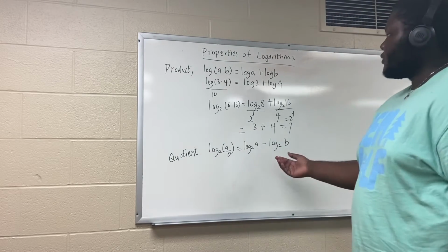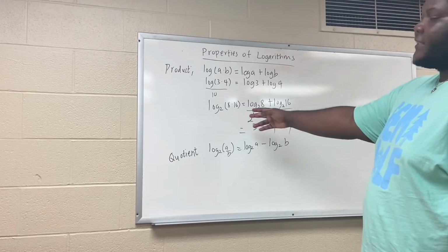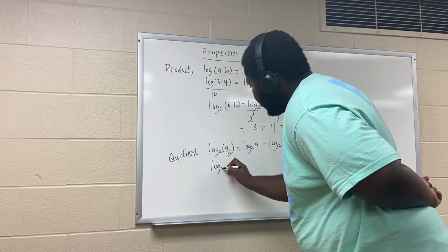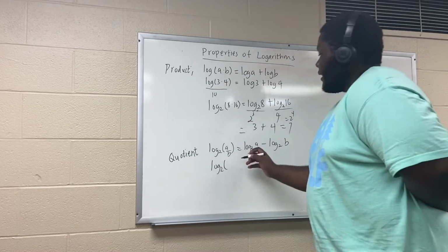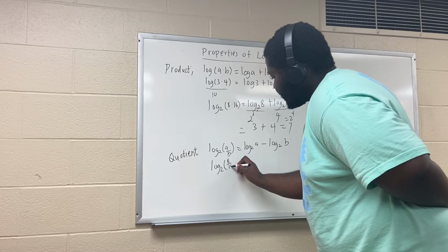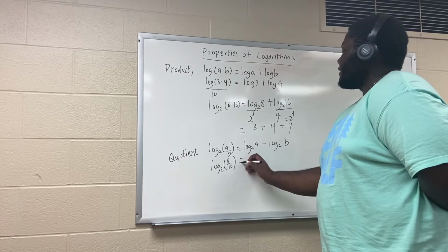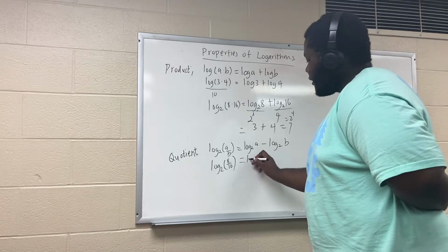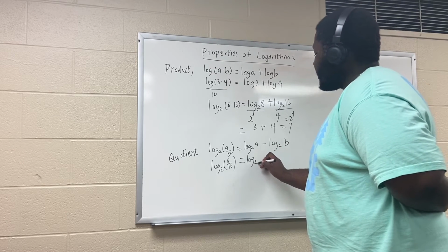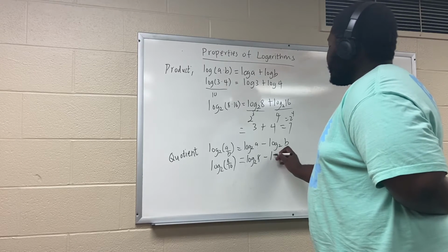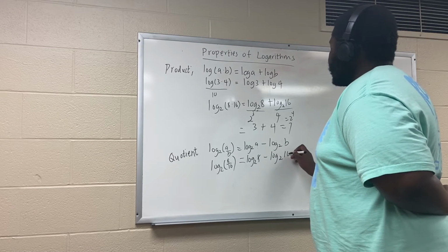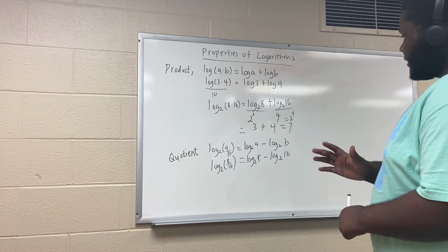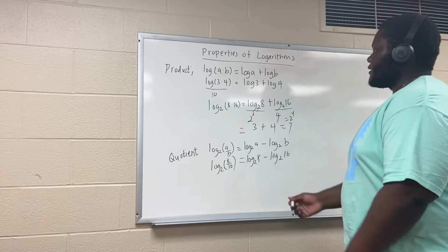We can also do a similar example. We can use the same example we used for this one. Let's rewrite this as log base 2 of 8 over 16, and following the property stated above, we should get log base 2 of 8 minus log base 2 of 16.